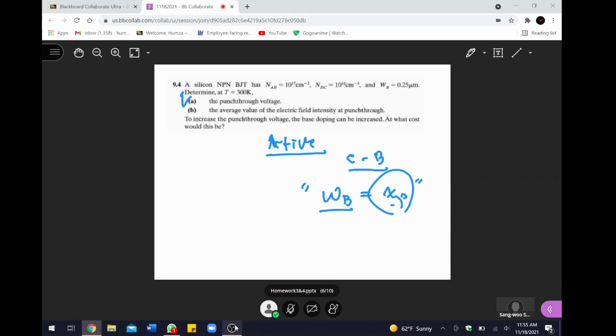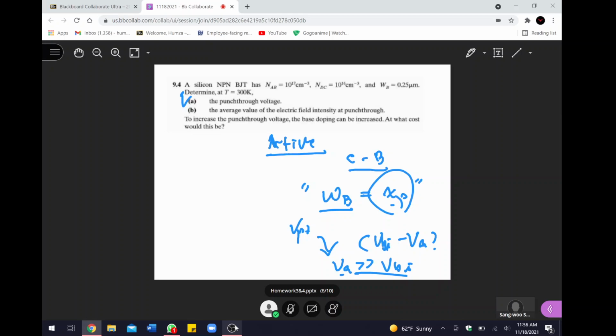You have VBI minus VA, the applied voltage. Typically when the device reaches punch through, VA is much larger than VBI. If you calculate that way, you can calculate the VA value, and that we define as the punch through voltage.